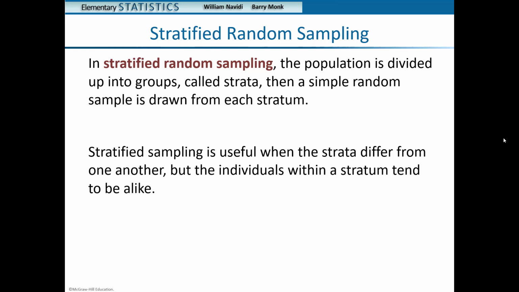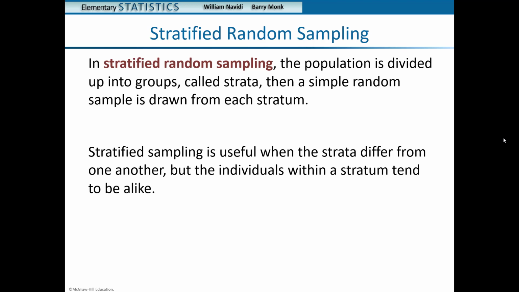So we get specific information about how men and women feel about an upcoming election. Or you might see polling that is specific to different income levels or ethnicities and things like that. So those are examples of stratified sampling that are used to try to glean more specific information about a population.